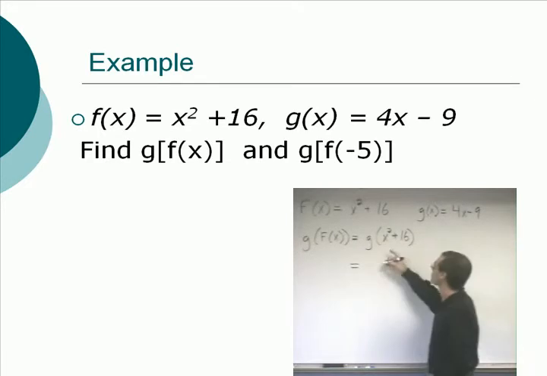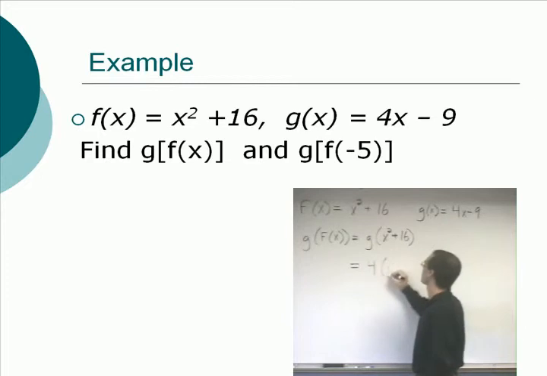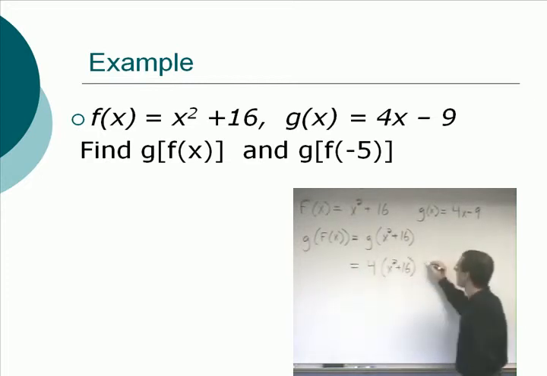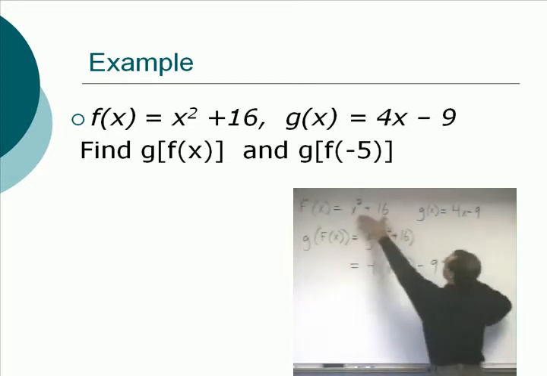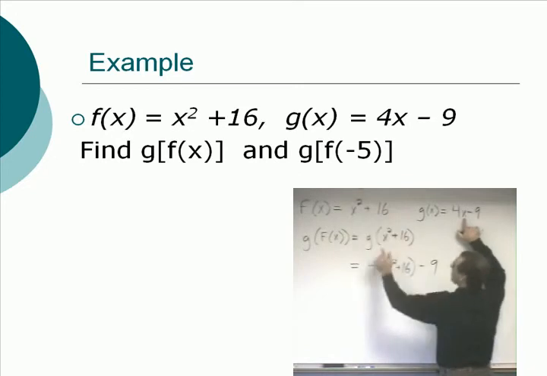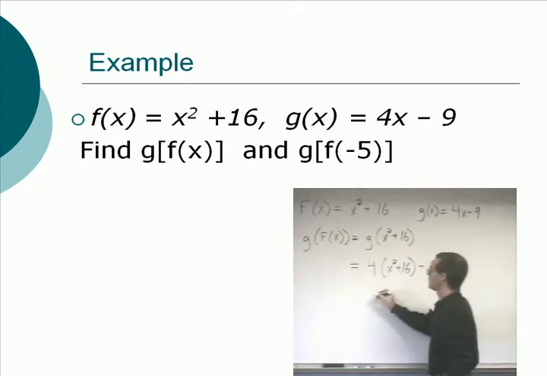from it. So g of x squared plus 16 is going to be 4 times x squared plus 16 and subtract 9. Now we just need to simplify that. We took x and plugged it into g, and now we're going to simplify it.